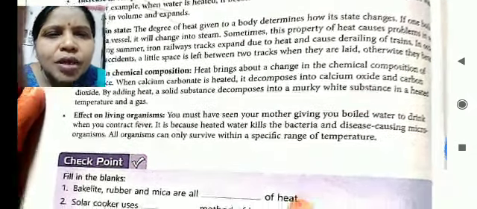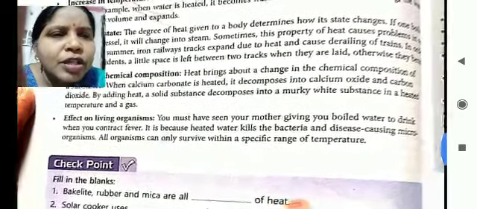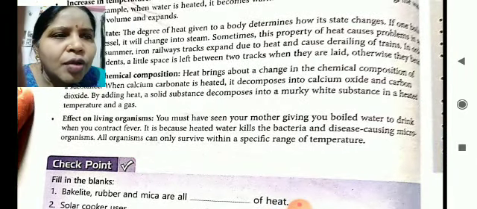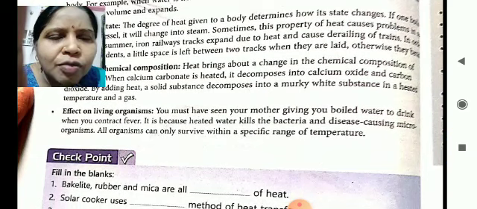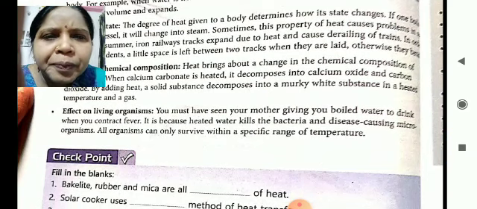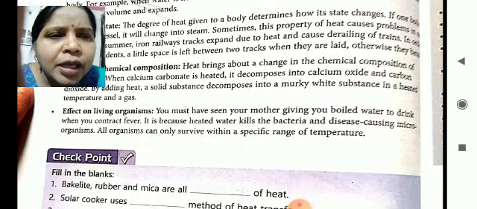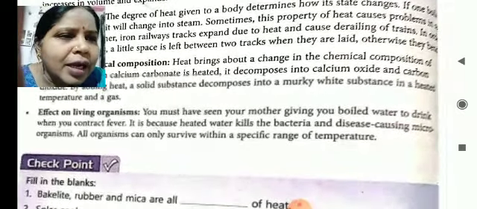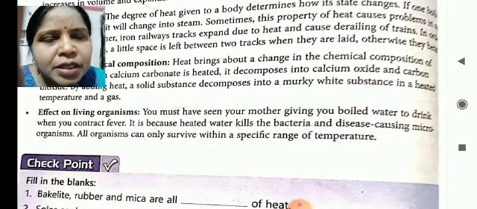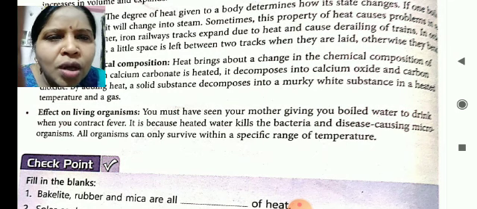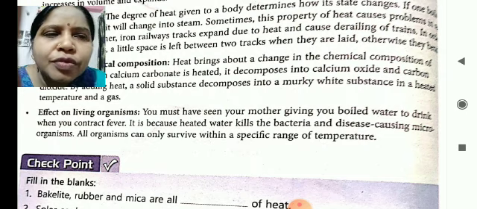And the last one, effect on living organisms. When water is boiled, it kills the bacteria and disease causing organisms present in the water. All organisms can only survive within a specific range of temperature.